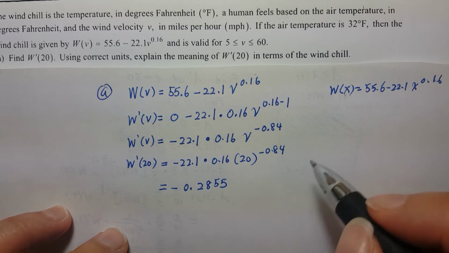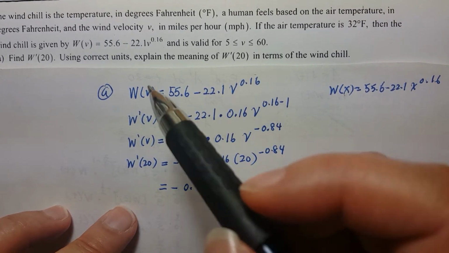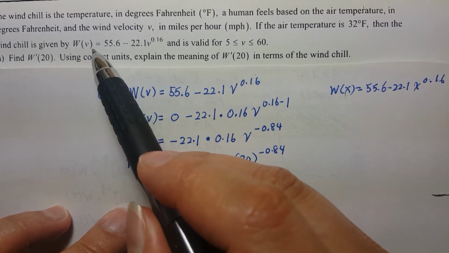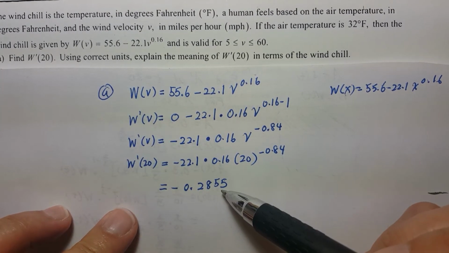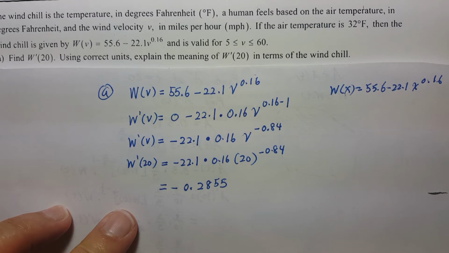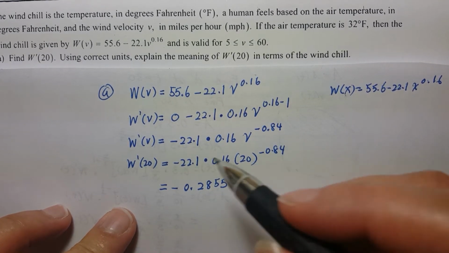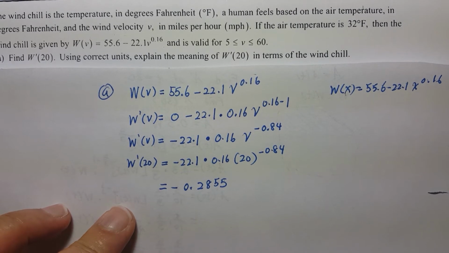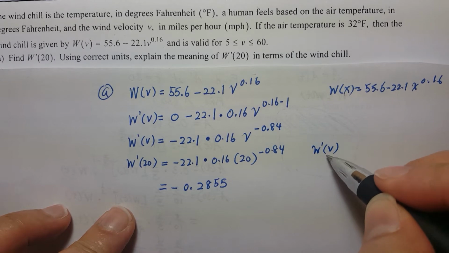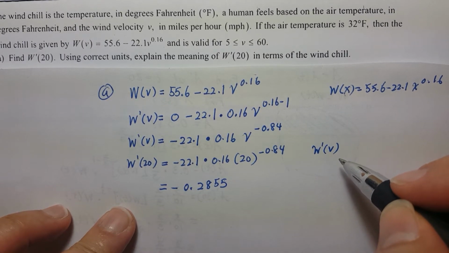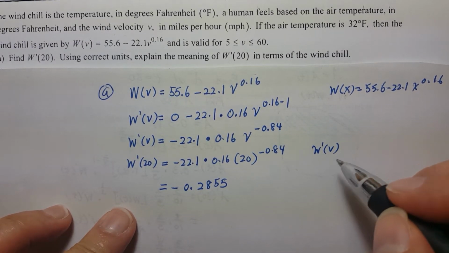You can use a calculator to find it: y1 equal to this function, then y2 becomes the derivative, and then you do y2 of 20, and we get the same answer. Okay, so now let's focus on finding the correct unit. W prime of V is a function of V. Some people ask, how do you find the unit?